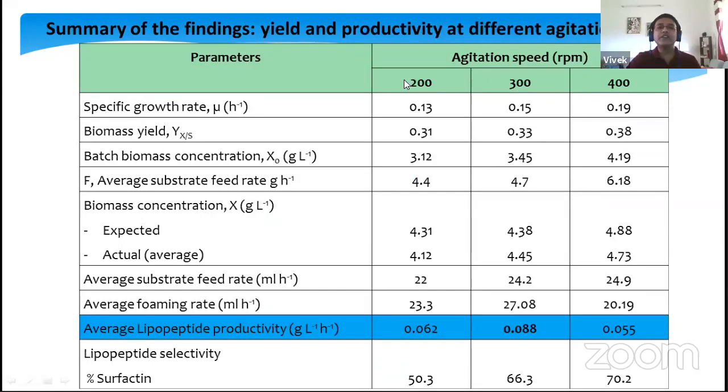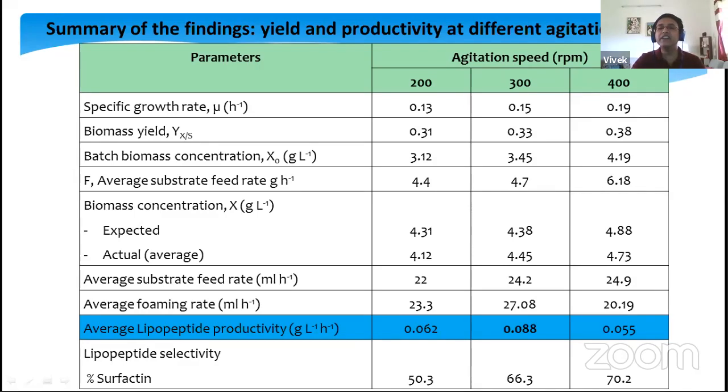We varied the agitation speed and tried to see how much lipopeptide productivity we could obtain through this foam fractionation process. We found that at a rotational speed of 300 rpm, we were able to achieve a productivity of 0.088 gram per liter per hour as compared to other agitation speeds, which is very good in terms of lipopeptide productivity.